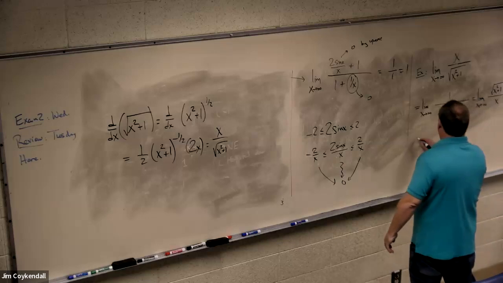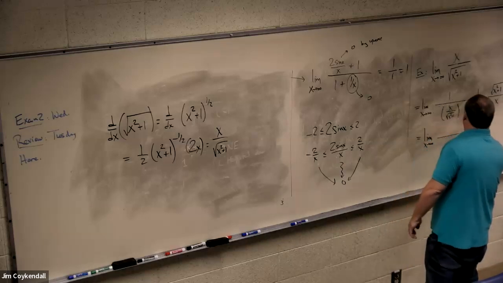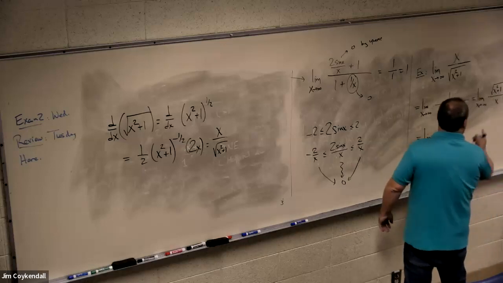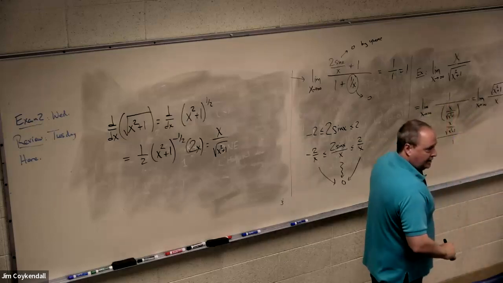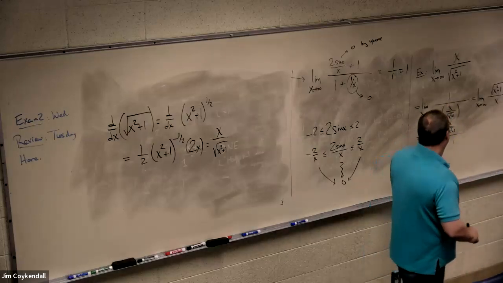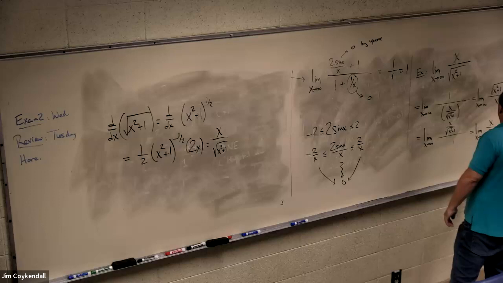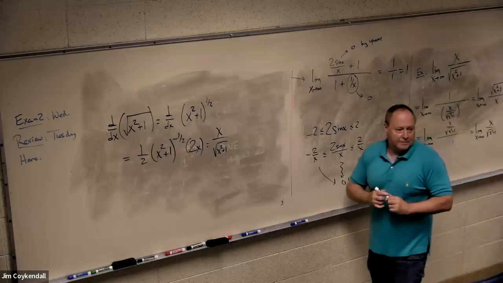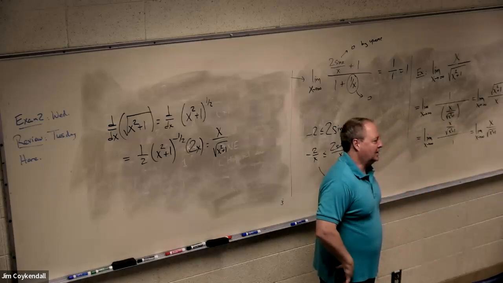So, derivative of x is 1. The derivative of this is x. Somebody tell me why I should quit.